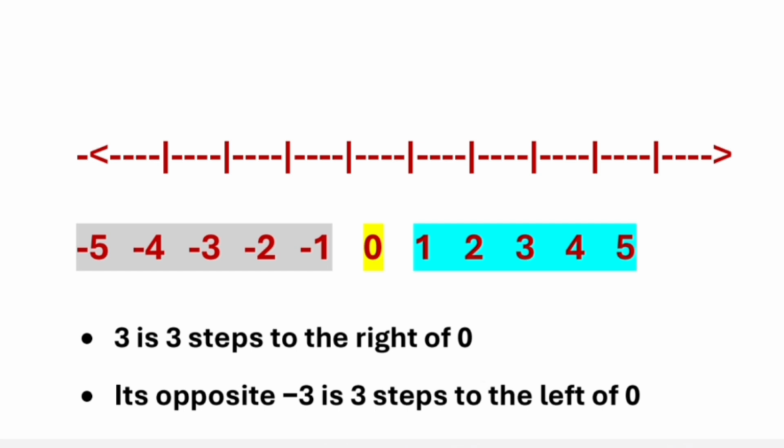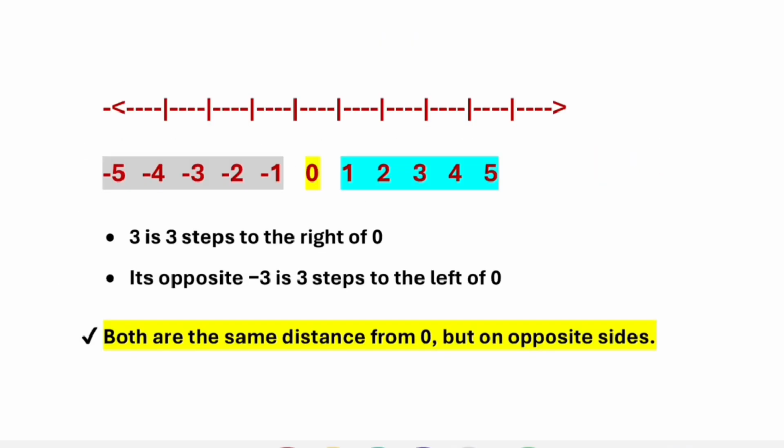If we observe the number line, 0 is the middle between the positive numbers and negative numbers. For example, plus 4 is 4 steps to the right of 0 and minus 4 is 4 steps to the left of 0.